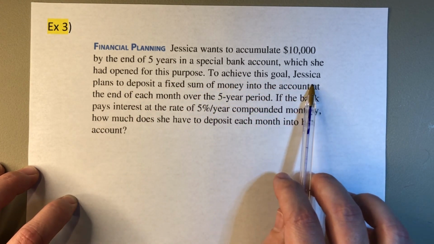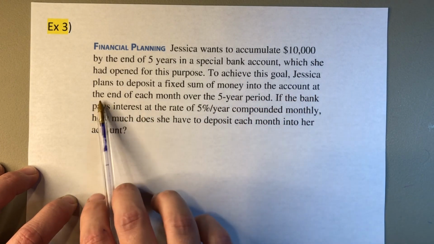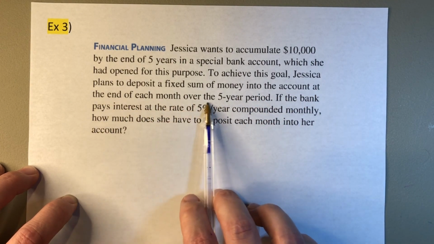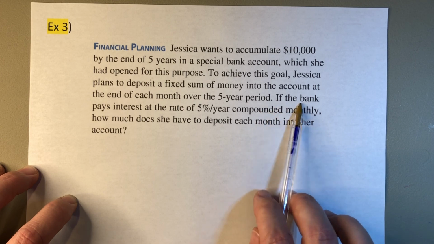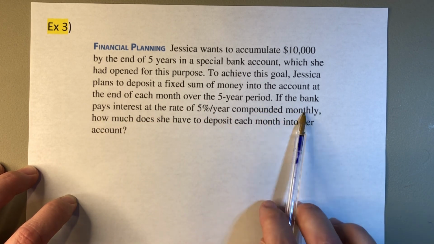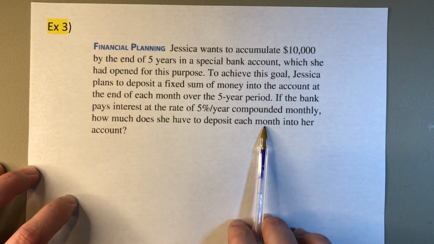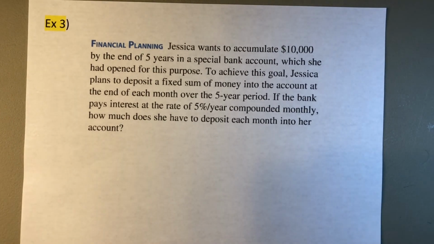To achieve this goal, Jessica plans to deposit a fixed sum of money into the account at the end of each month over the 5-year period. If the bank pays interest at the rate of 5% per year, compounded monthly, how much does she have to deposit each month into her account?